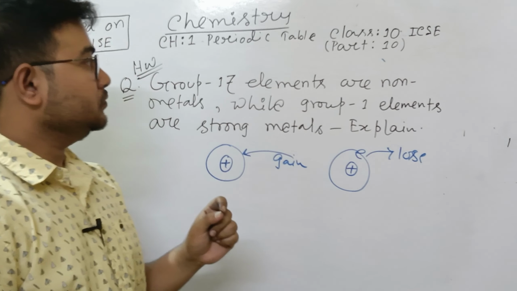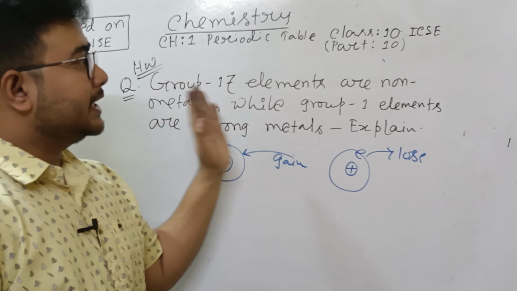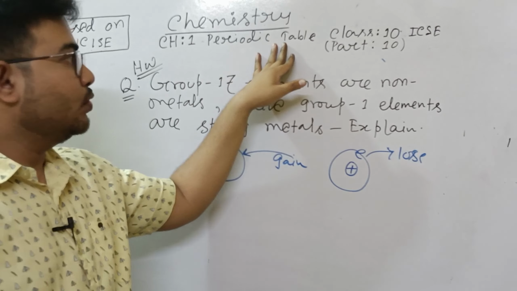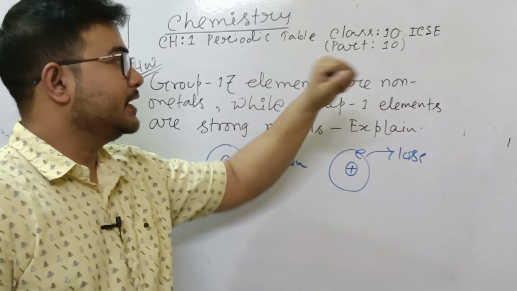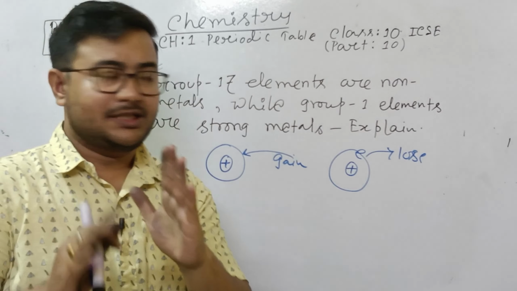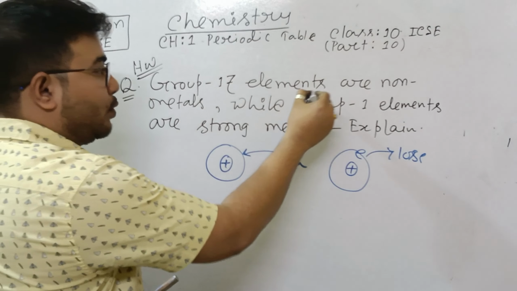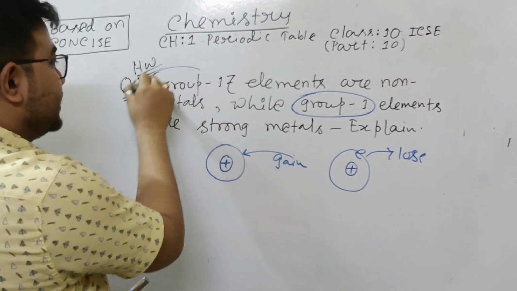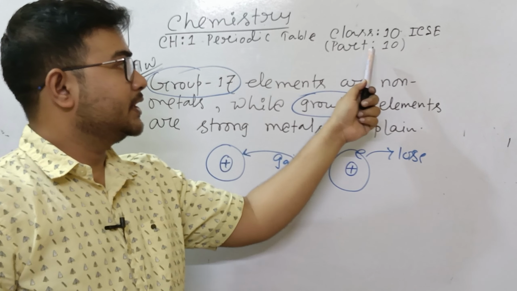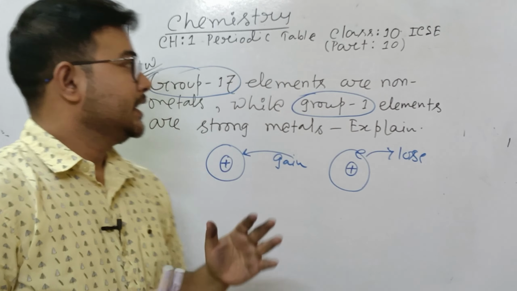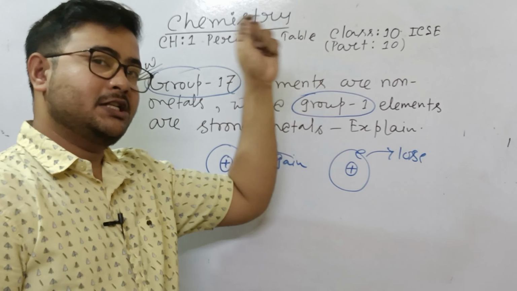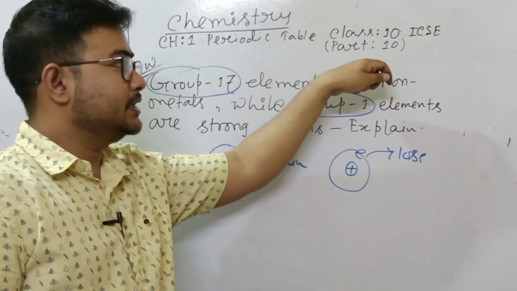We already completed the full periodic table chapter. Only in part 11 I will discuss the main difference between group 1 elements and group 17 elements. It is also important. After completion of part 11, try to complete all the parts, part 1 to part 11.